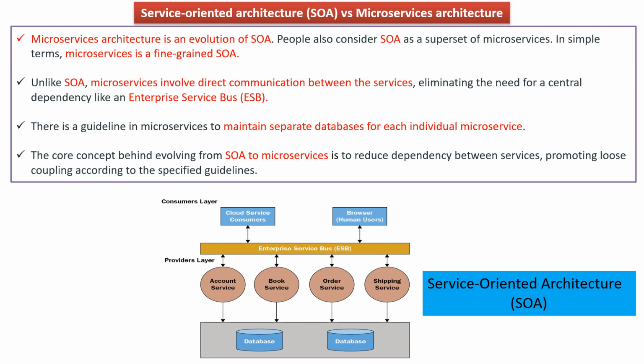There is a guideline in microservices to maintain separate databases for each individual microservice. The core concept behind evolving from SOA to microservices is to reduce the dependency between services and promote loose coupling according to the specified guidelines.